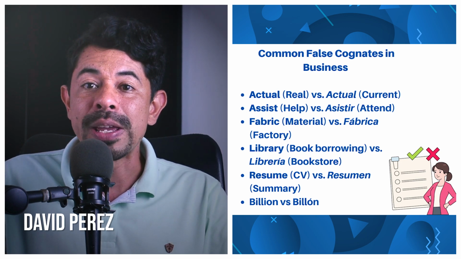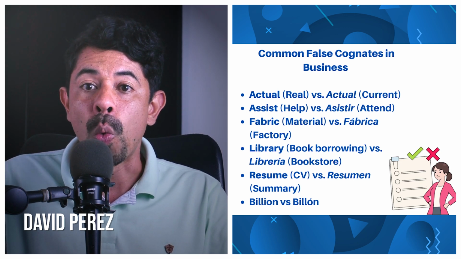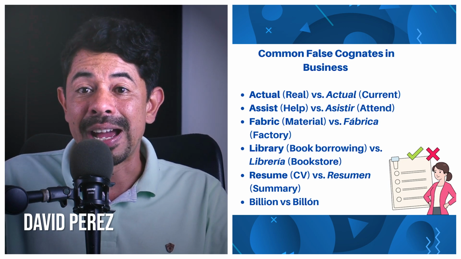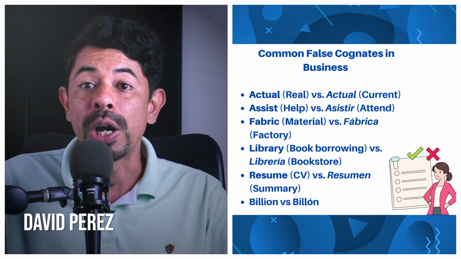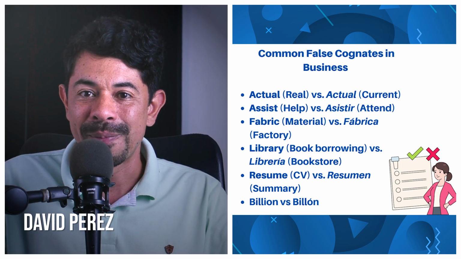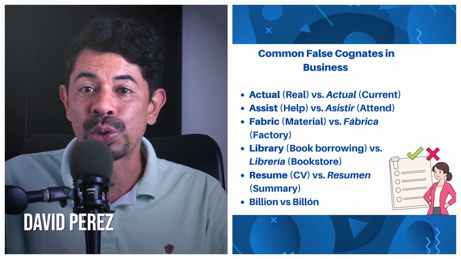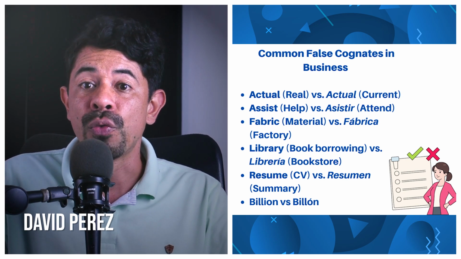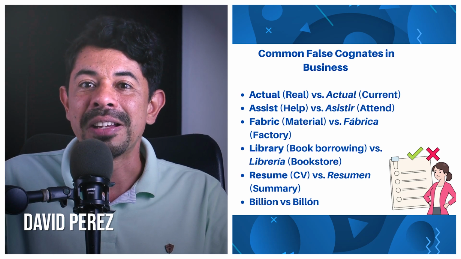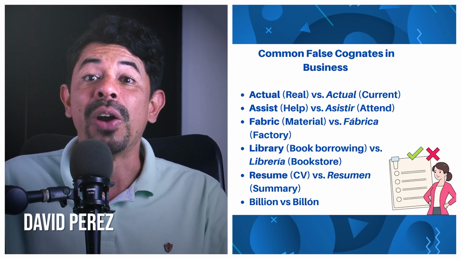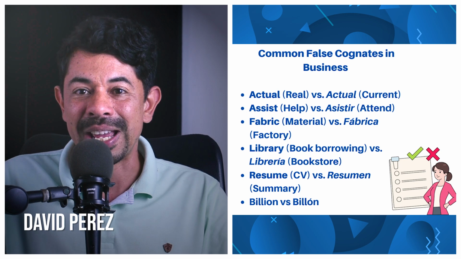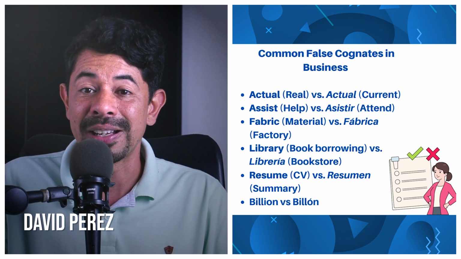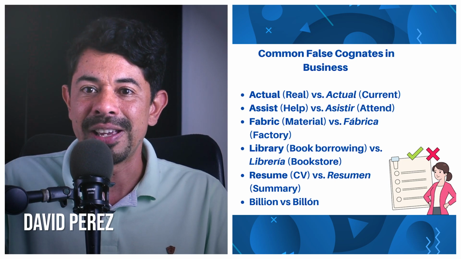But library refers to the place where you borrow books, and librería refers to the place where you buy books. That is the bookstore. Librería will be the Spanish word, or is the Spanish word for bookstore, meaning they are very similar. They are related to the same items, but there is a small and yet big difference in the meaning.